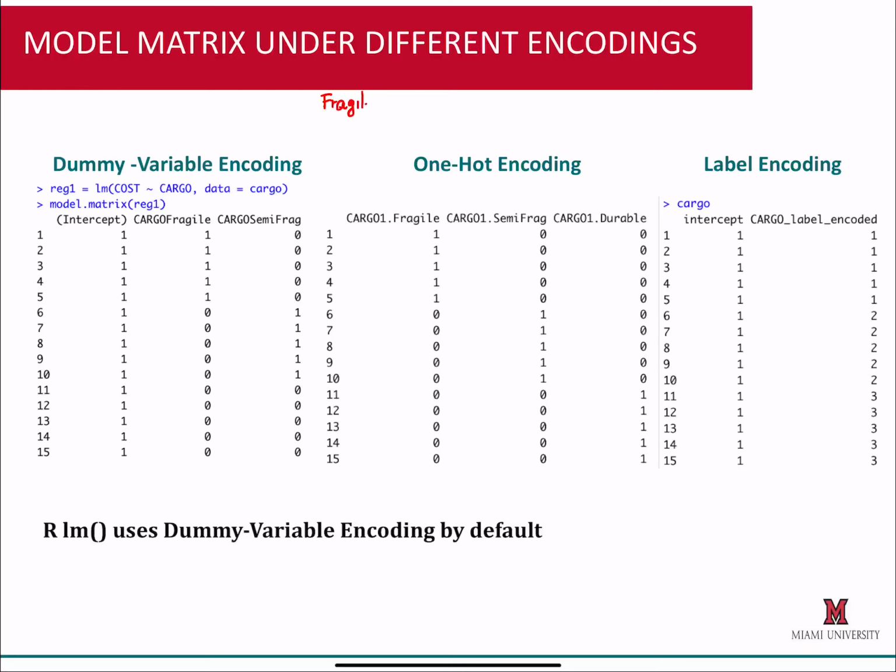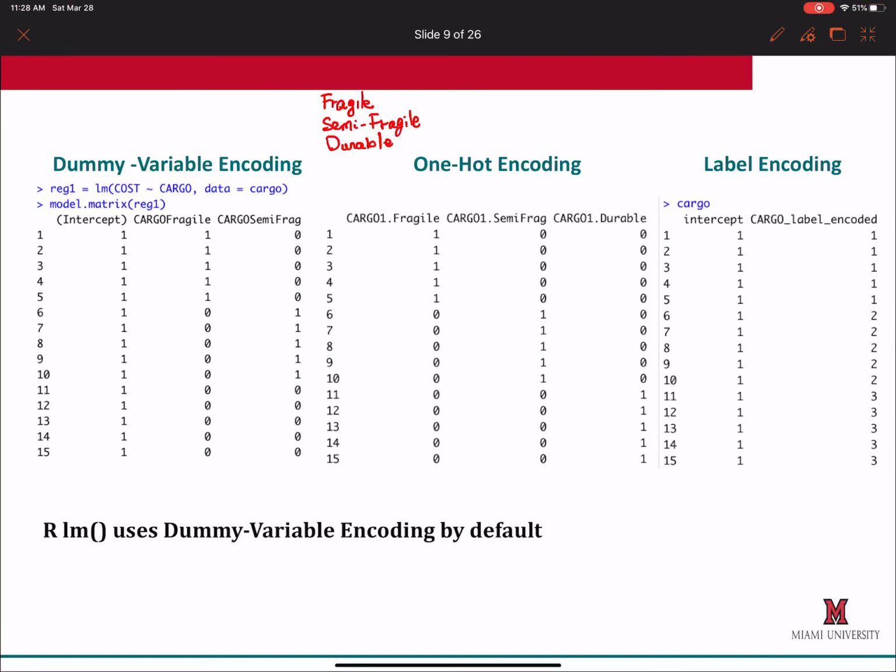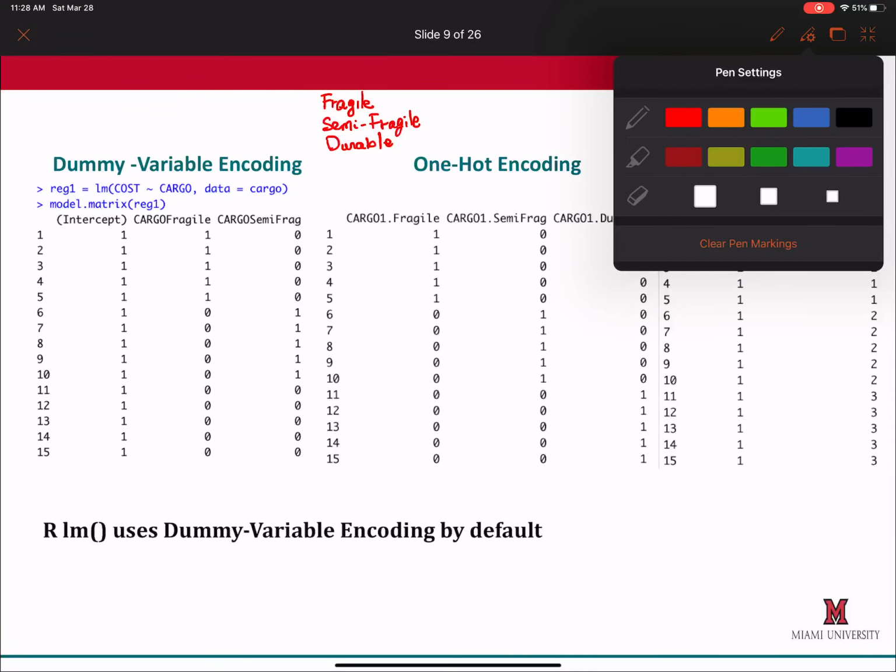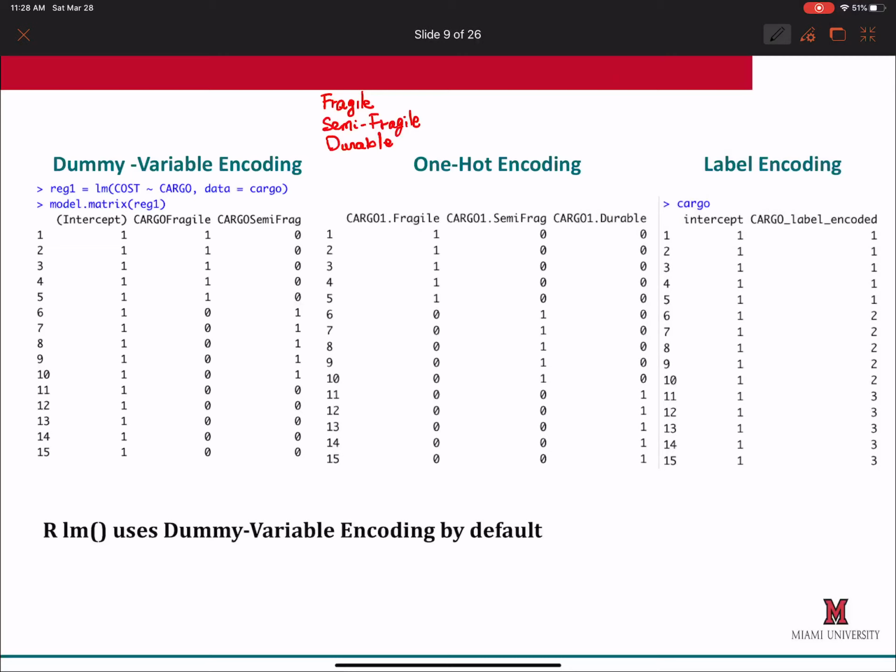The other one is semi-fragile, and the third option is durable. So having three levels, if we're going to dummy encode these, we have to select the base. Selecting the base is actually arbitrary. So let's, for a second, suppose that we select durable as the base level. If that's the case, then we have to create dummy variables for fragile and for semi-fragile.